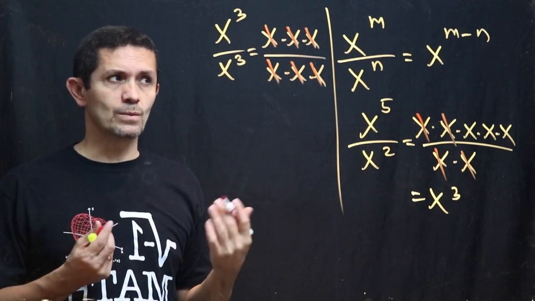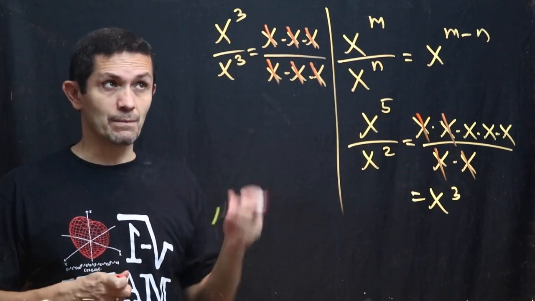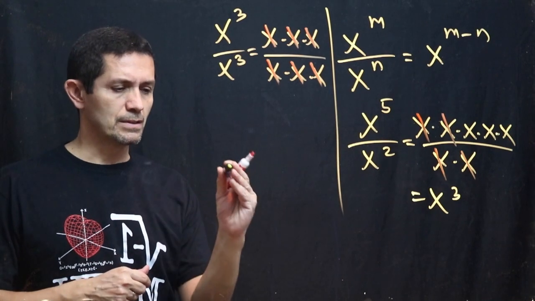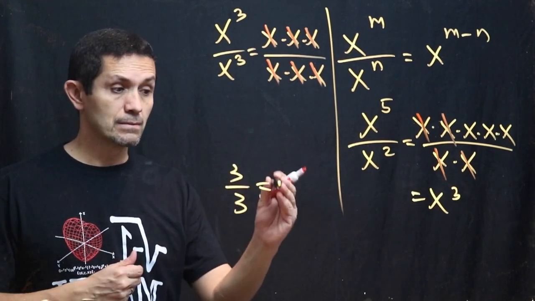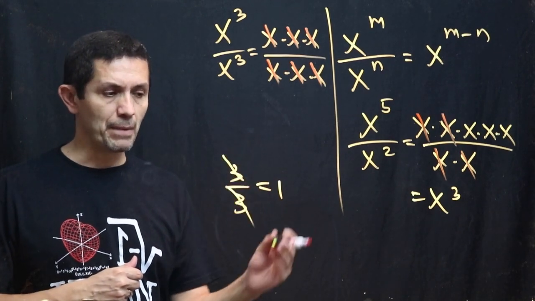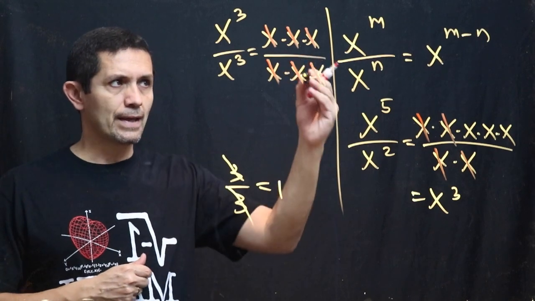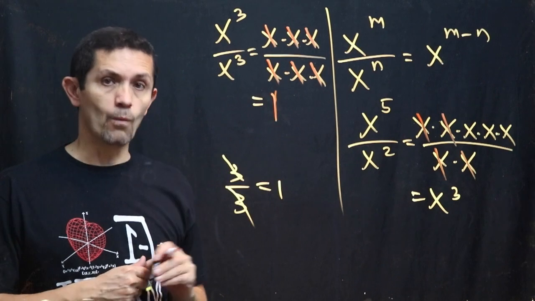They're gone. What's left? So to know what's left, let's pretend that I have the same thing, but in just numbers. Let's say that I have 3 divided by 3. 3 divided by 3 is 1. If I cancel 3 from the top and 3 from the bottom, my answer will be 1. So when I cancel all of those, my answer here should be 1.